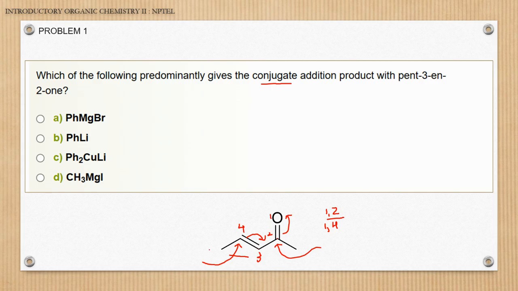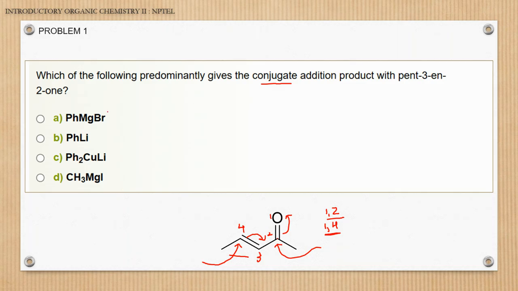So if the nucleophile is adding at the beta position of this carbonyl carbon, then yes, 1,4 addition is taking place. Conjugate addition is the 1,4 addition, not the 1,2 addition. So conjugate addition is which of these nucleophiles from 1 to 4 will give you the 1,4 addition.